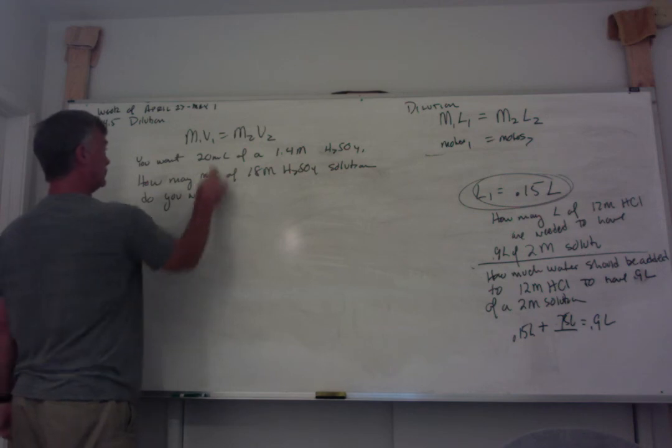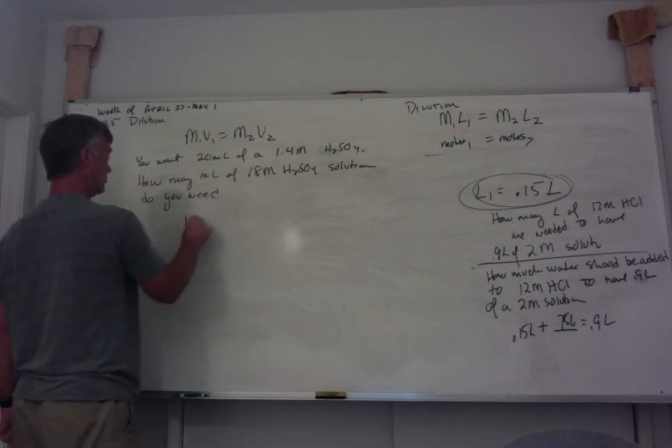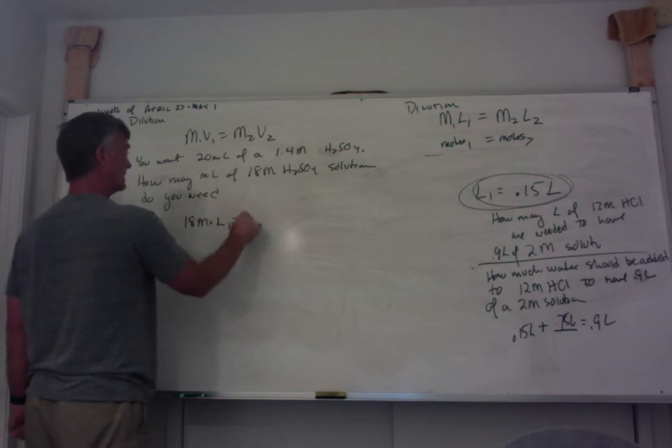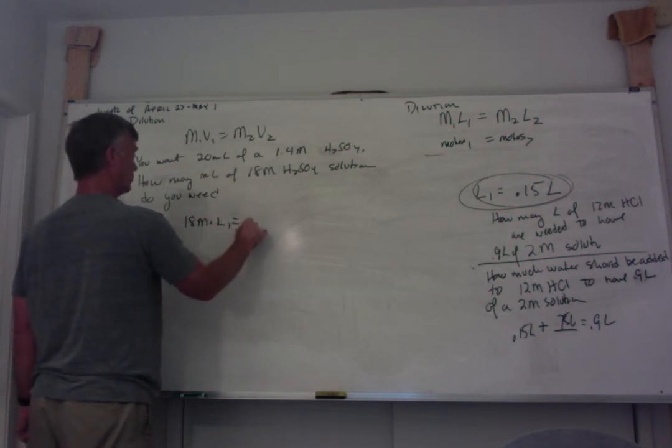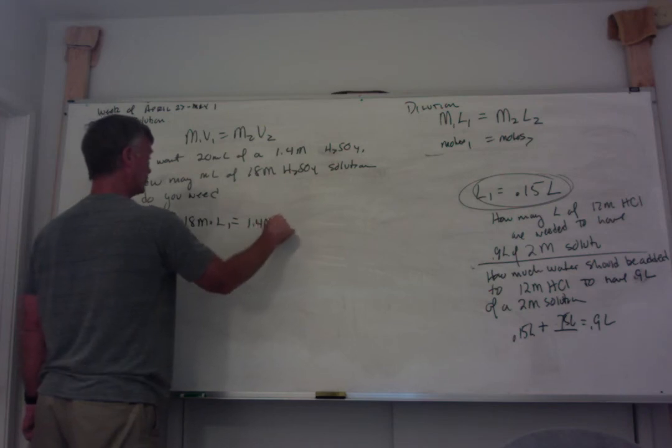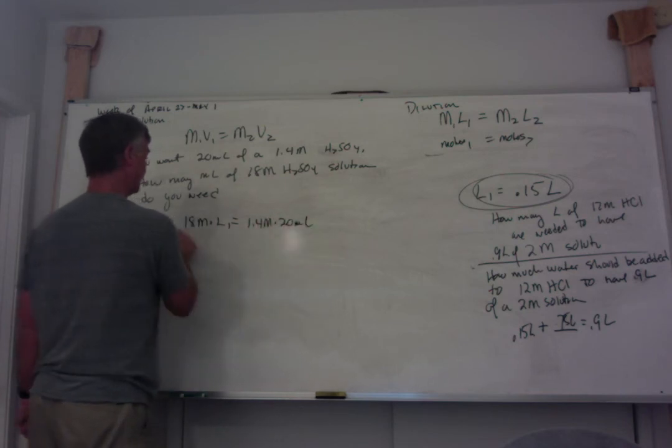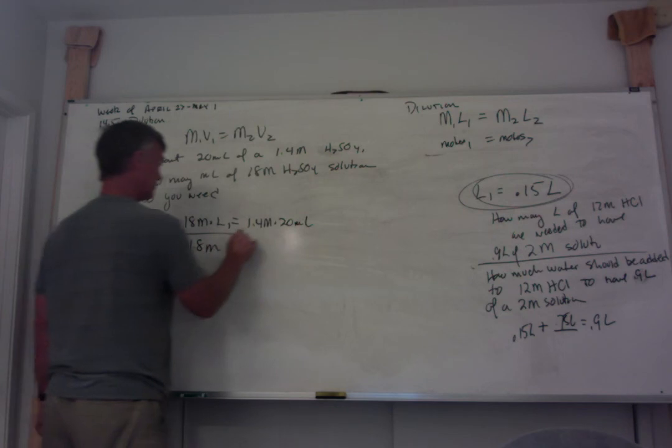So we're going to do M1, I'm going to use the larger one, 18 molar, times V1 is equal to 1.4 molar times 20 milliliters. Divide by 18 molar.